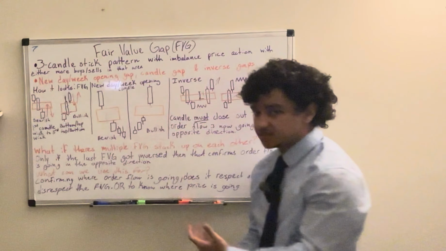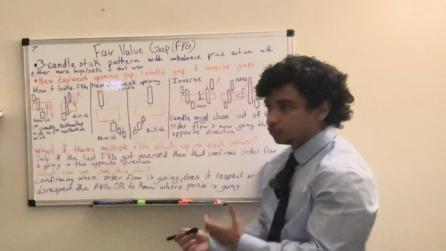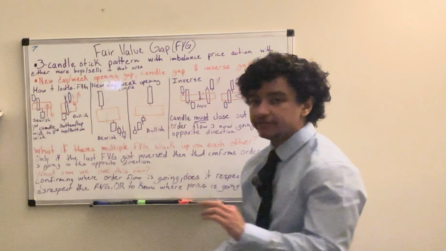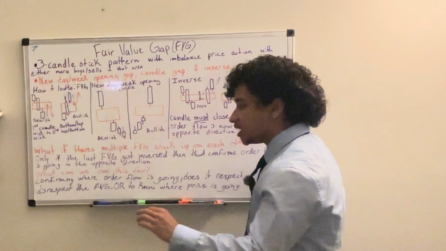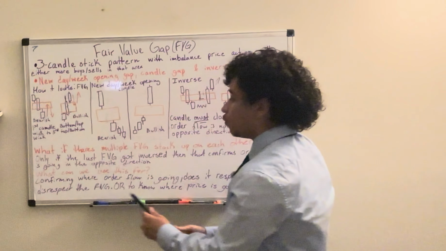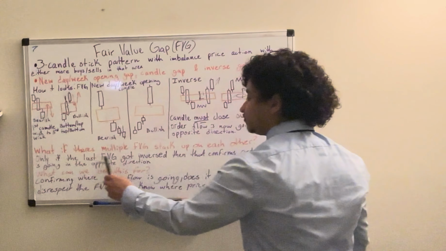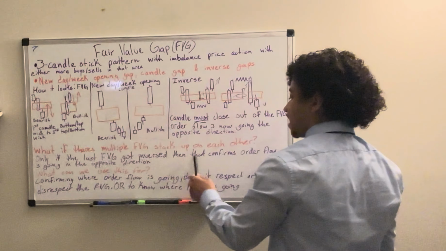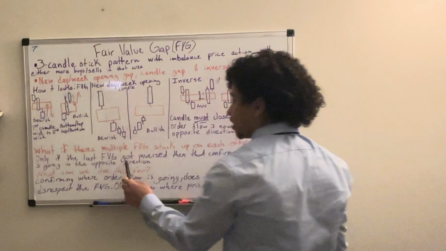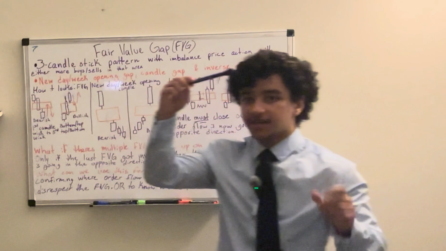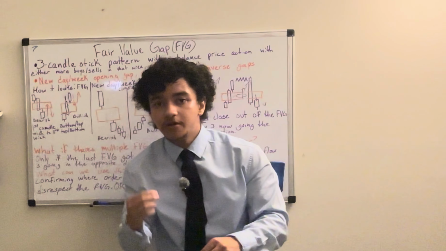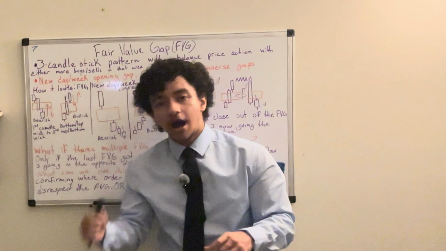So how do we distinguish which one? Like, how do we distinguish if it works or not? Every fair value gap works, but order flow starts going in the opposite direction only if the last fair value gap got inversed, then that confirms order flow is going in the opposite direction. So if there's 5 fair value gaps and they all got inversed, we're confirming that order flow is going in the opposite direction.